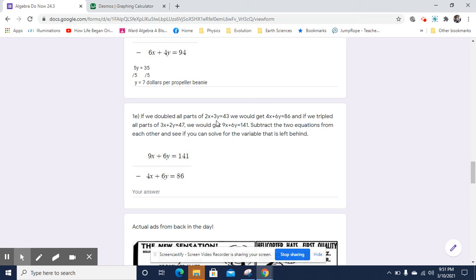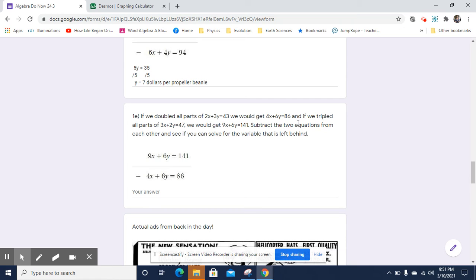We double 2x, we double 3y, we double 43. 2x becomes 4x, and 3y becomes 6y, and 43 becomes 86. Now we take the other equation, and this time we're going to triple it. The 3x becomes a 9x, the 2y becomes a 6y, and the 47, 3 times 47 is going to be 21 plus 120, which is 141.